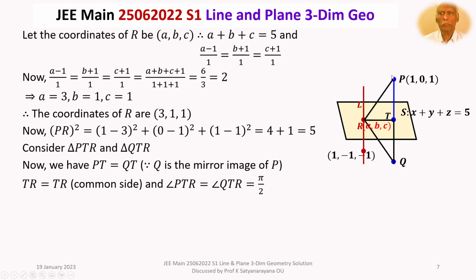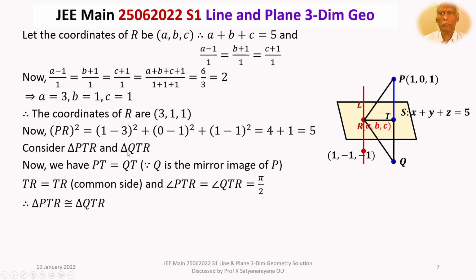Because Q is the mirror image of P. Therefore, PQ is perpendicular to the plane S, and T is the point of intersection of PQ with S, and R lies in the same plane, and RT will be perpendicular to PQ in 3 dimensions. Yes. So therefore they are congruent.